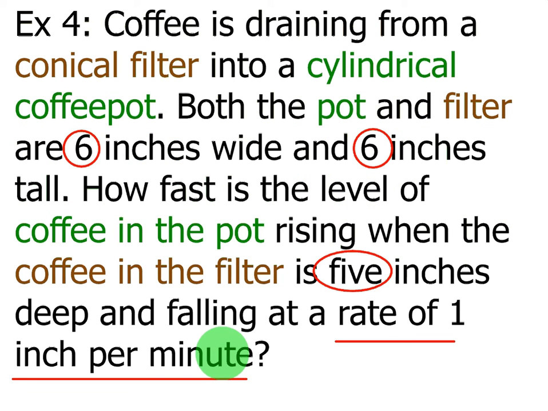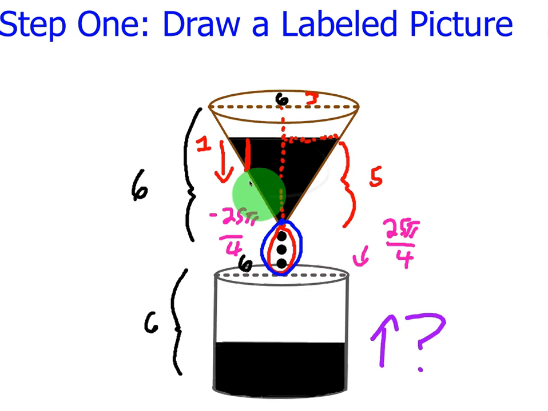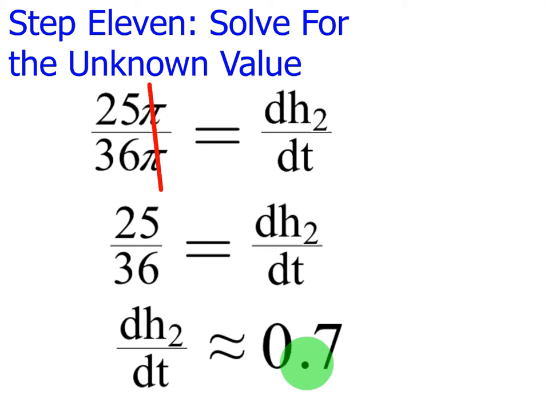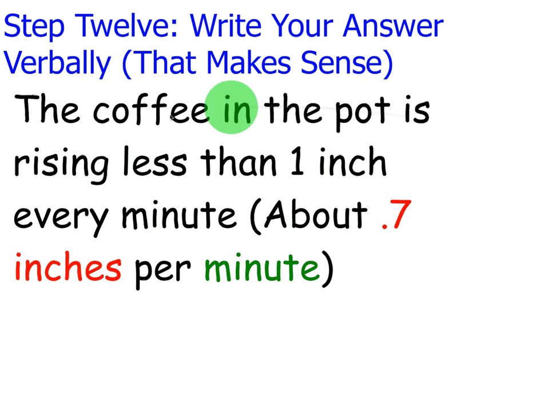Example 4, we had the coffee draining from our coffee filter into the pot. And we're ultimately trying to figure out the rate at which the coffee level is rising. For step 11, we got 0.7. So we just need to take that and answer it in a sentence that makes sense. The coffee in the pot is rising less than 1 inch every minute, about 0.7 inches per minute.